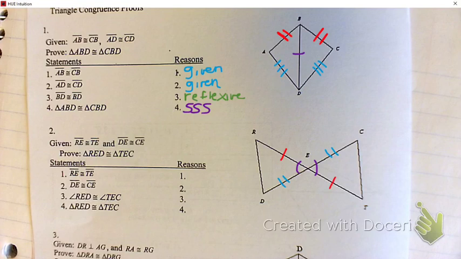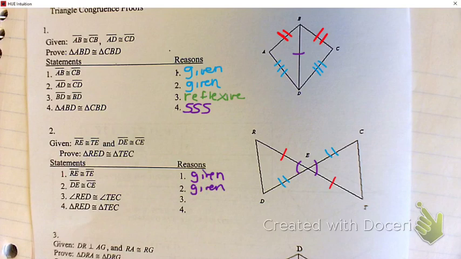They're vertical. Okay, so let's go through this. Oh, by the way, before we go through this, what kind of thing is going to tell me that these are congruent? Side, angle, side? Okay. So, number 1. RE is congruent to TE. Given. DE is congruent to CE.